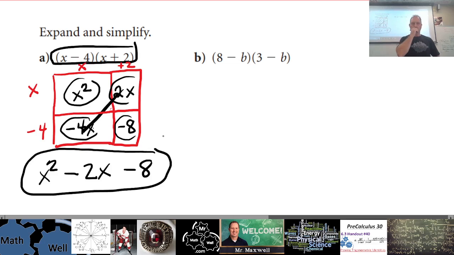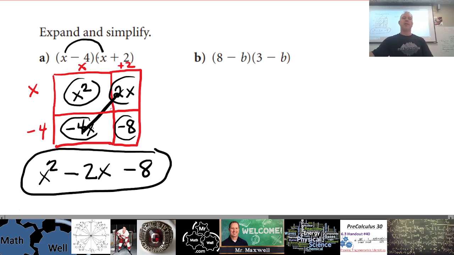Now, you know the FOIL method already, so you can actually check that. X squared, boom. 2x, oh, there it is. -4x, oh, there it is. 2 minus 4 is -2, boom, got it right there. And then the last terms, -4 times positive 2, -8.